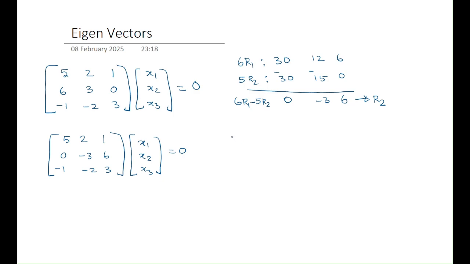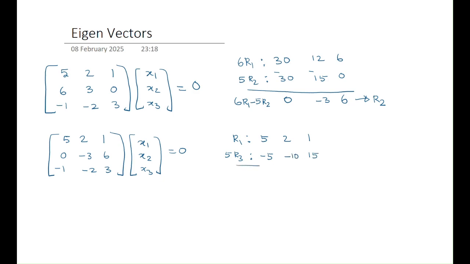Keeping row 1 as it is, row 1 is 5, 2, 1, and row 3 can be multiplied by 5. So we get 5 times row 3, which is minus 5, minus 10, and 15.